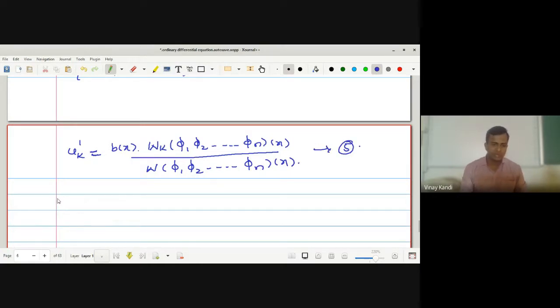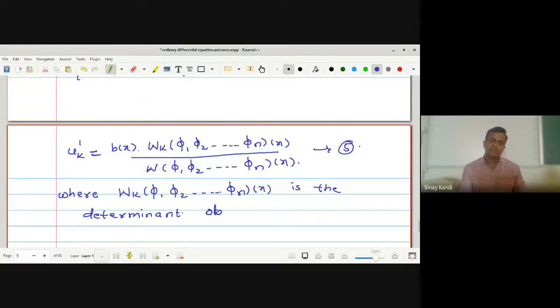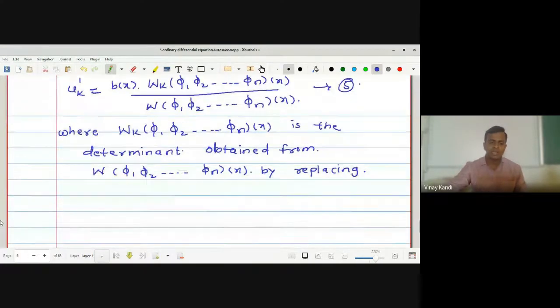And look at here the statement, where Wk of phi 1, phi 2, up to so on phi n of x is the determinant obtained from the Wronskian of w1, w2, up to so on wn of x by replacing the kth column.